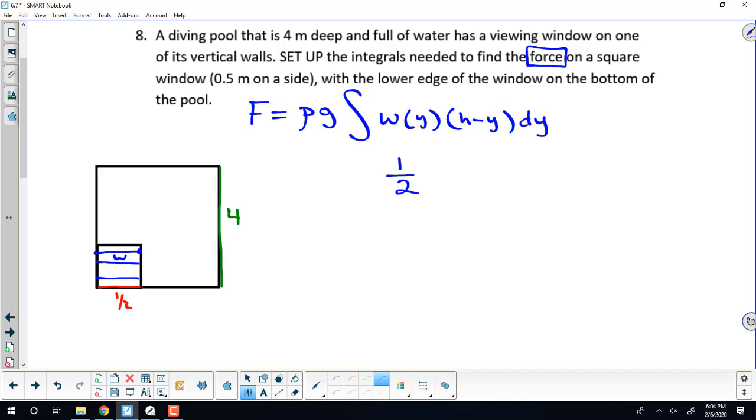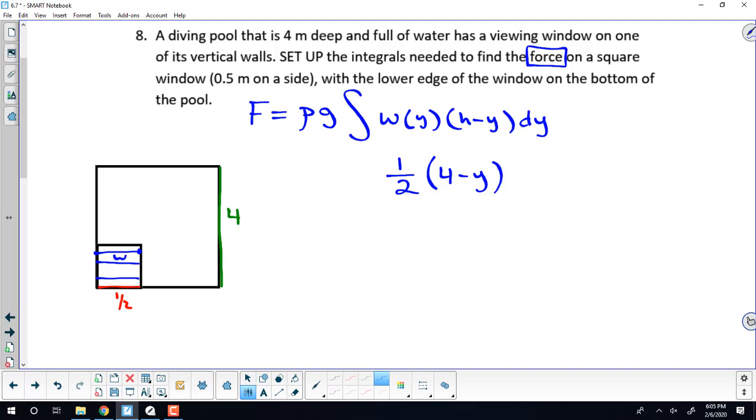And then the h minus y function, what would that be? 4 minus y. Do you all agree? Remember that height is the height of the container. So not the viewing window, but the entire pool. 4 minus y.